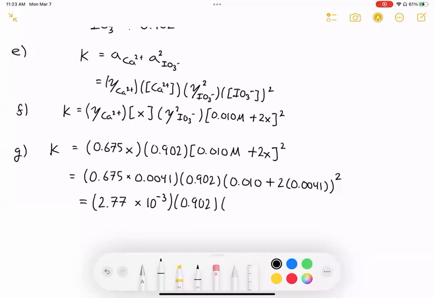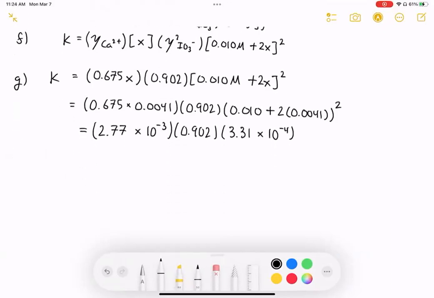And now this fraction here: first let's do 0.0041 times 2 plus 0.010, and then we're going to square that. That gives us 3.31 times 10 to the negative 4. So that's the whole fraction after we write everything out.